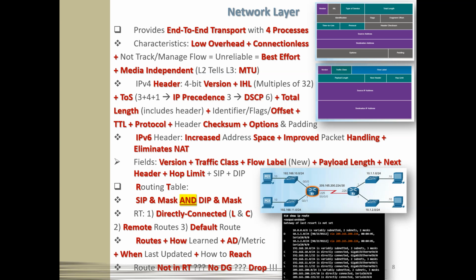Next header field is protocol. In the layered protocol model, the layer that determines which application the data is from or which application the data is for is indicated in this field using the protocol field and the value inside it.